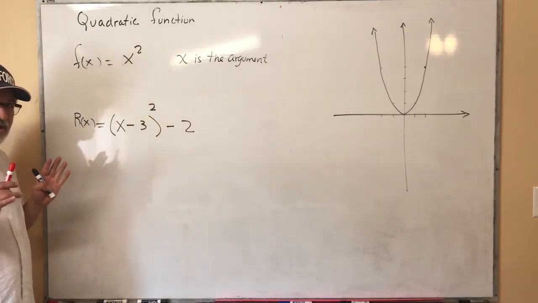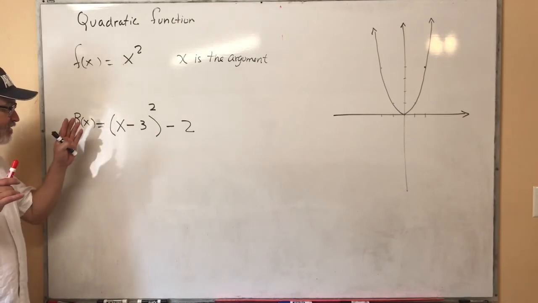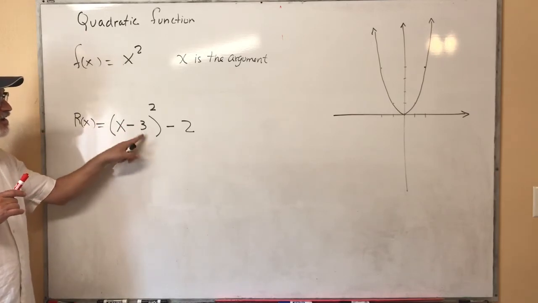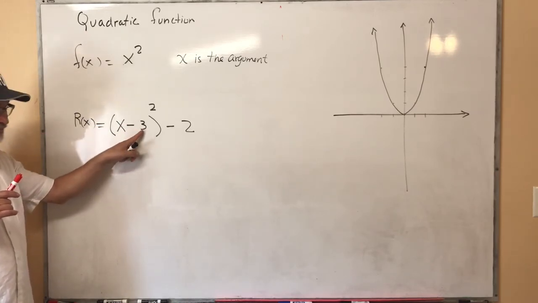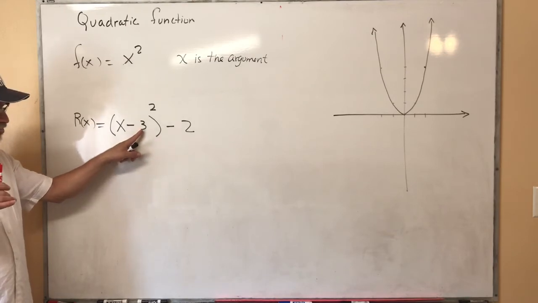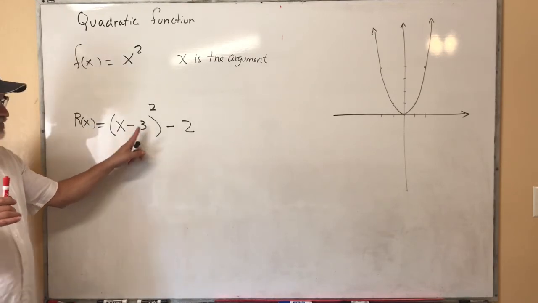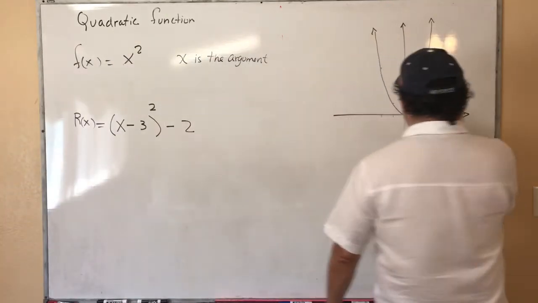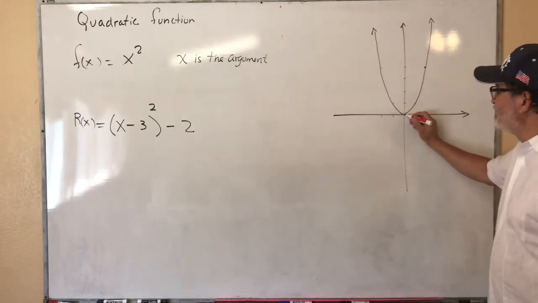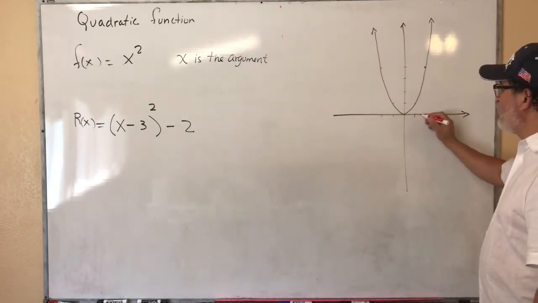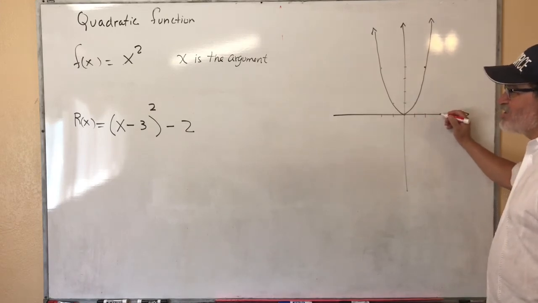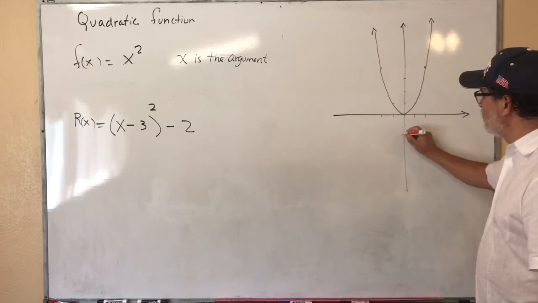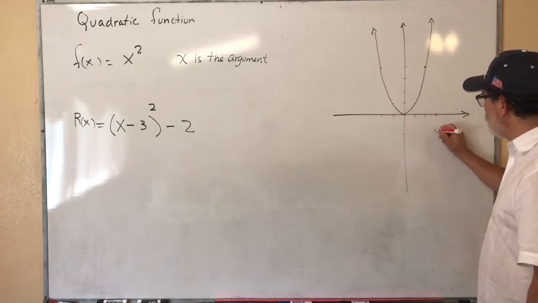Okay. So let's graph this one. Watch this. This is the basic parabola. 3 units right, 2 units down. Here's the vertex. 3 units right: 1, 2, 3, and 2 units down: 1 and 2. Whoa. And that's the new vertex.